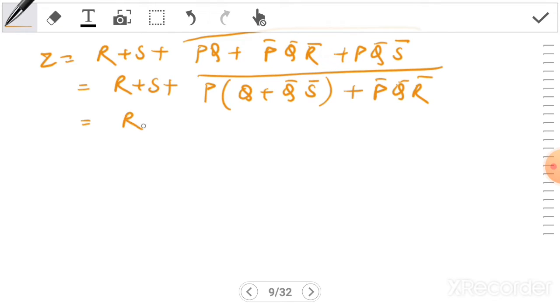Again R plus S plus P, again Q plus Q complement times Q plus S complement. So Q plus Q complement will be 1. We will have Q plus S complement plus P complement Q complement R complement.